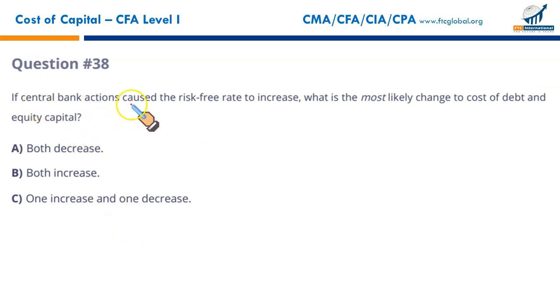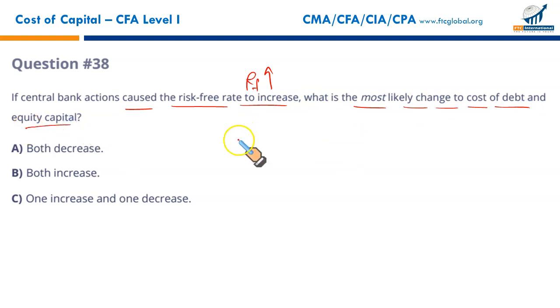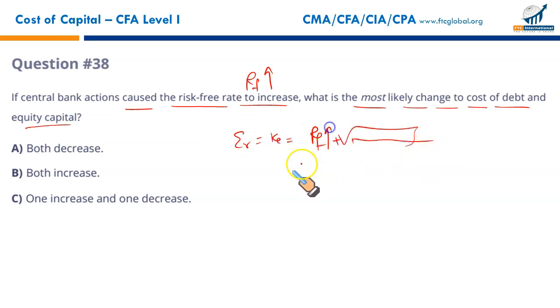If central bank actions cause the risk-free rate to increase, if RF goes up, what is the most likely change to the cost of debt and the cost of equity capital? Since we just saw that the expected return, or the cost of equity, involves RF and beta, when RF goes up, the cost of equity goes up.